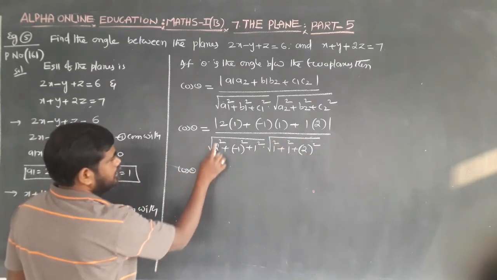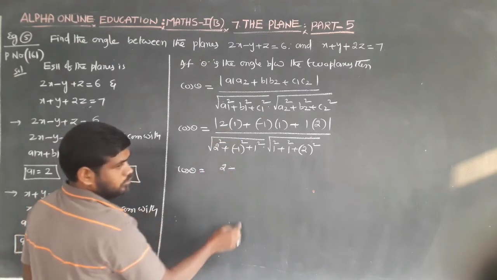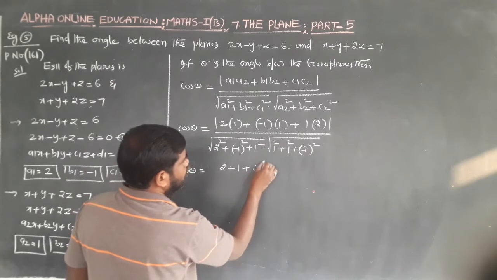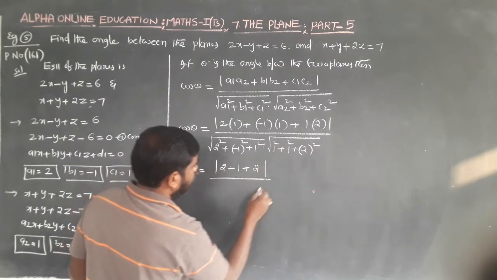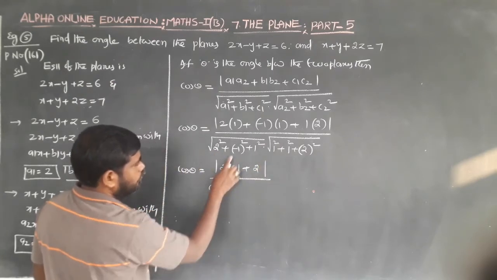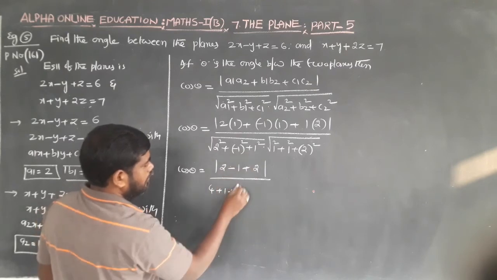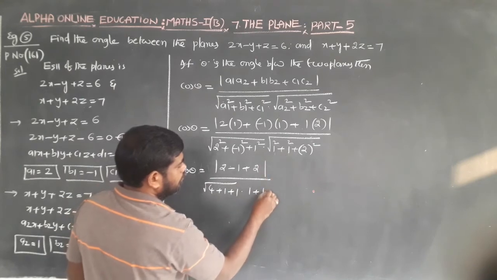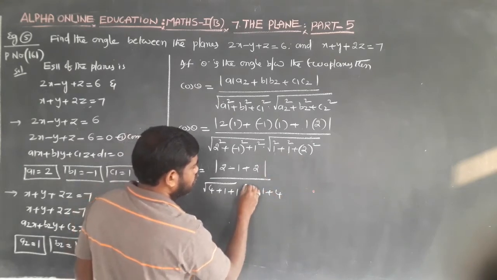Cos theta is equal to 2 1s are 2, minus 1 into 1 minus 1, 1 2s are 2, whole divided by 2 square 4, minus 1 square 1, 1 square 1, 1 square 1, 1 square 1, 2 square 4.